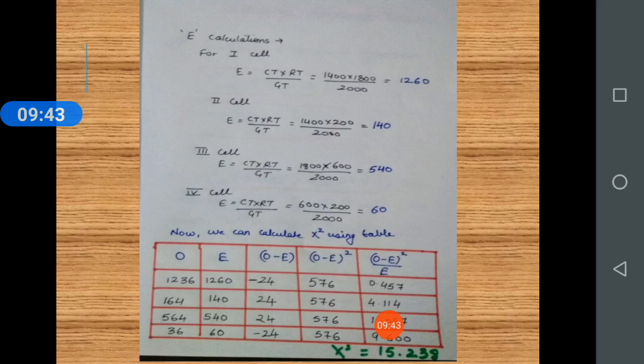The final column will contain the ratio between the square of the difference and the expected frequency, that is (O minus E) squared divided by E. So we divide 576 by 1260, and the answer will be 0.457. Similarly, the values for all the cells can be calculated. The next step is to find the summation of the last column, which gives us a total of 15.238, which becomes our chi-square calculated.